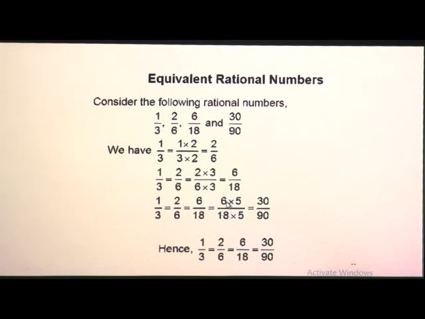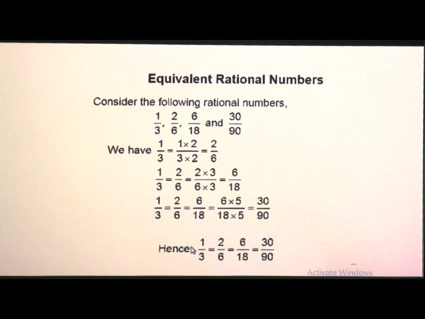If I multiply 6 upon 18 by 5, why by 5? Because I am having here 30 upon 90. So, if I multiply by 5, 6 fives are 30 and 18 fives are 90. So, I got 30 upon 90. Hence I can say that 1 upon 3 is equal to 2 upon 6 is equal to 6 upon 18 is equal to 30 upon 90.